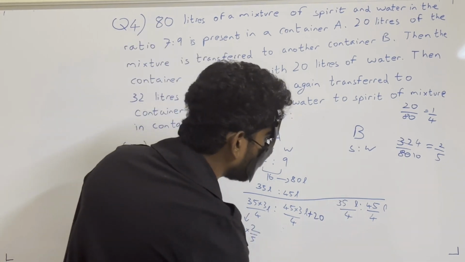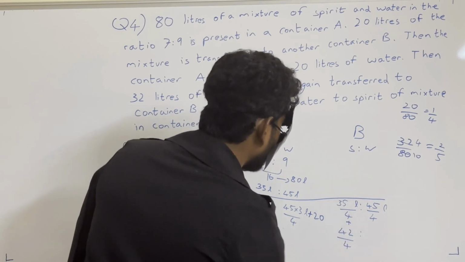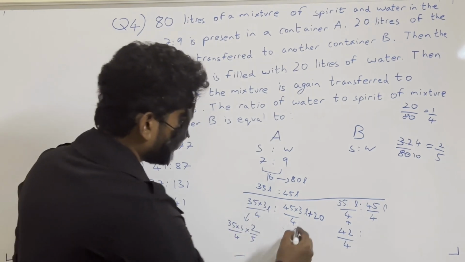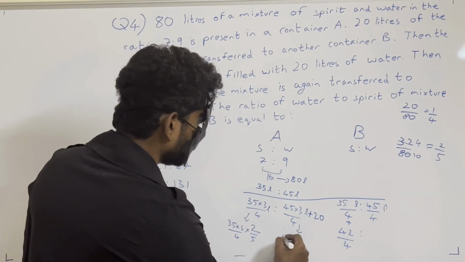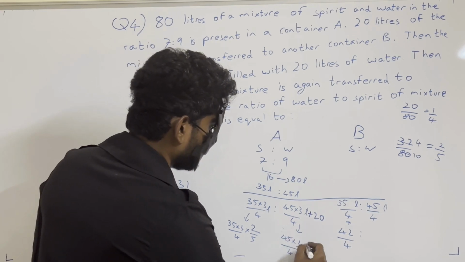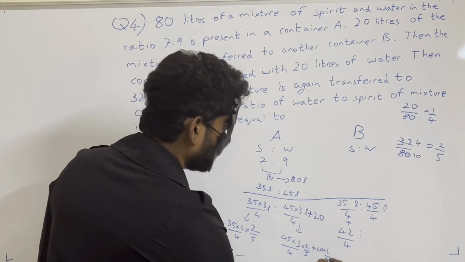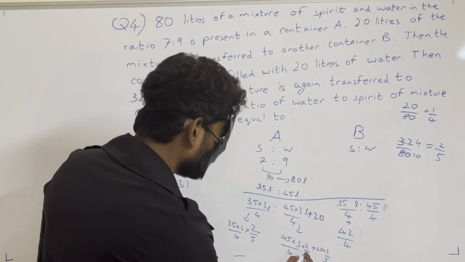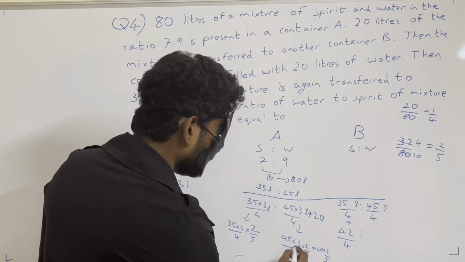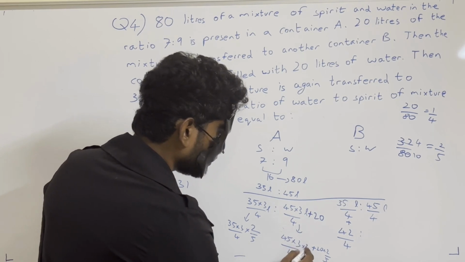So we will be adding 42/4 to this, and 2/5 of this will be transferred, 45 into 3/4 plus 20 into 2/5.